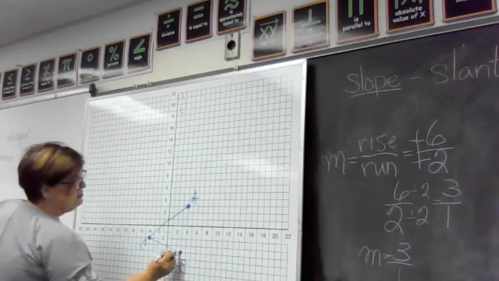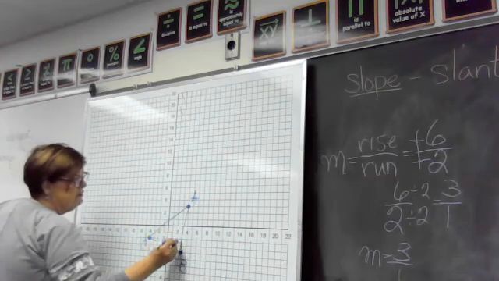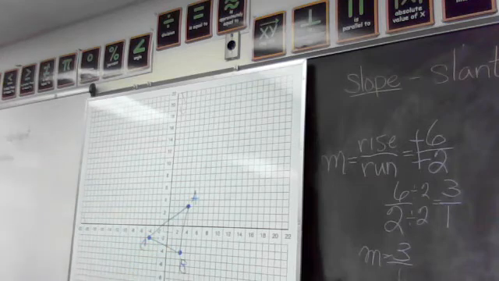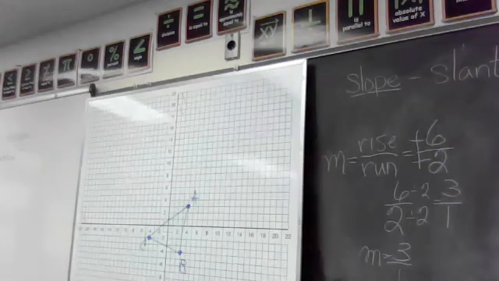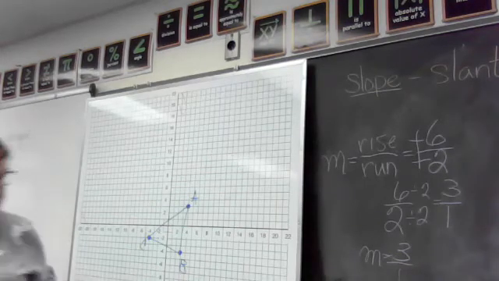These are line segments. Notice that they don't have arrows on them. Now what they're asking here is to find the slope of each line segment.